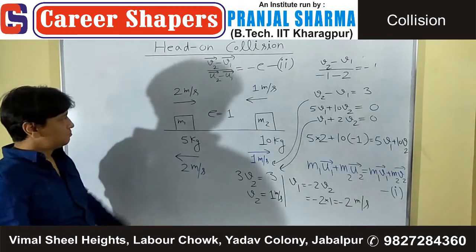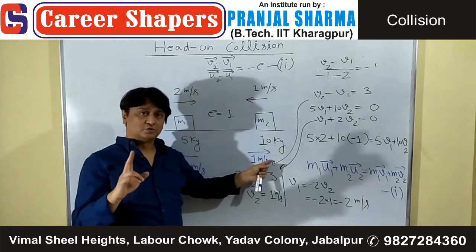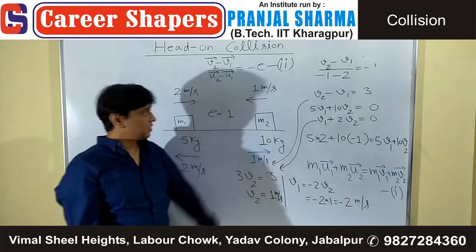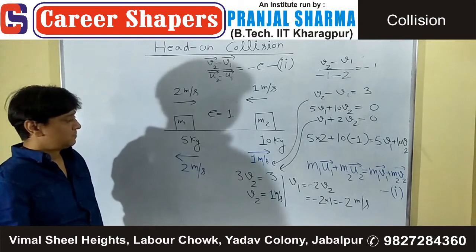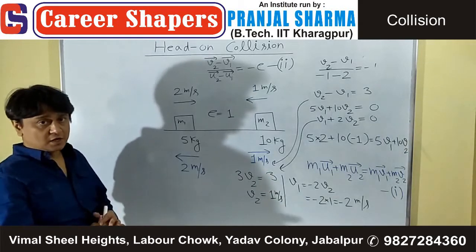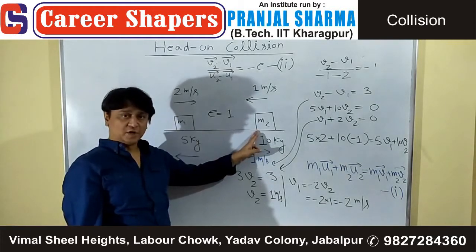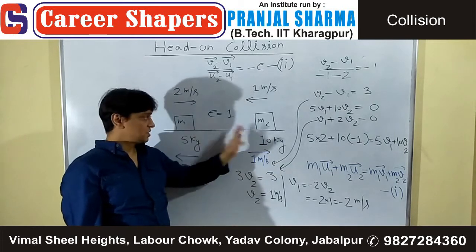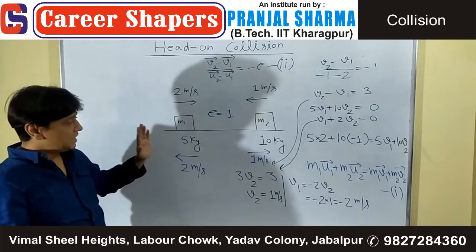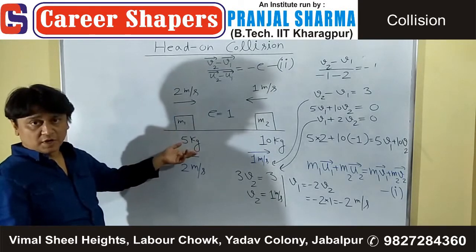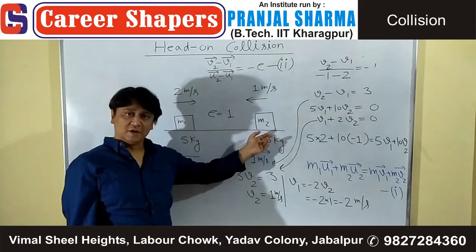Magnitudes of velocities do not change. In the previous one, the masses were equal and the velocities got interchanged. Now the masses are not equal. What is equal? Nothing is equal. Linear momenta, only their magnitudes are equal. Linear momenta are not the same: this is positive linear momentum and this is negative linear momentum.